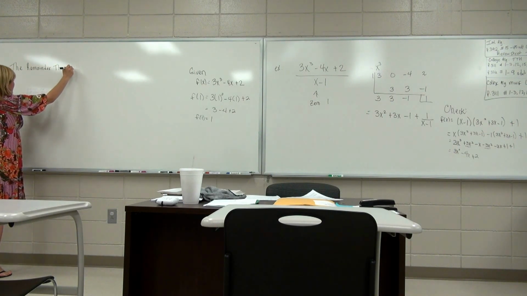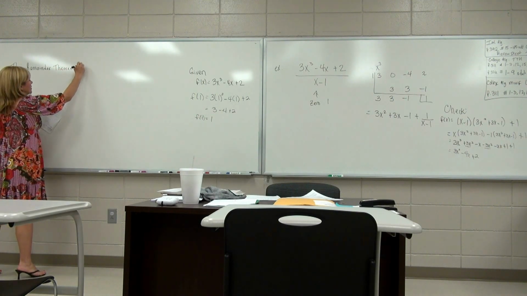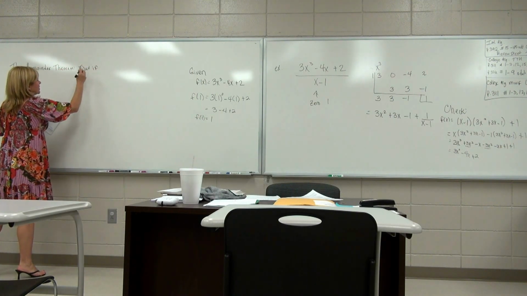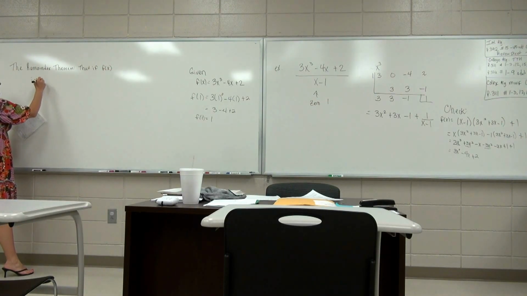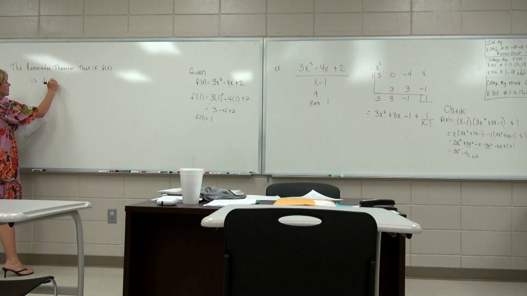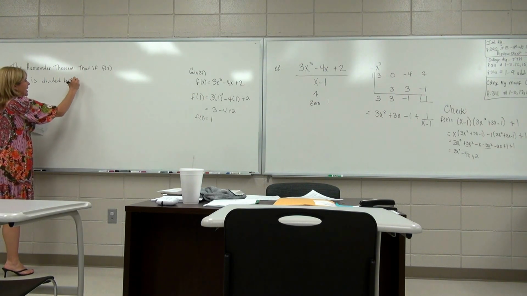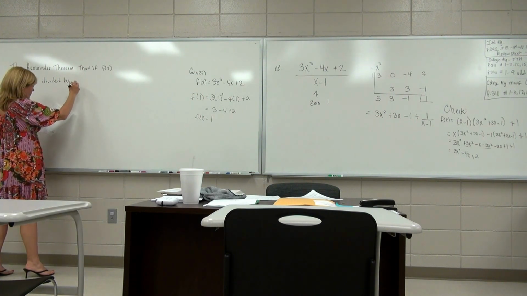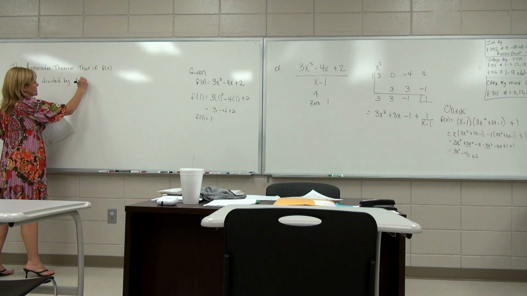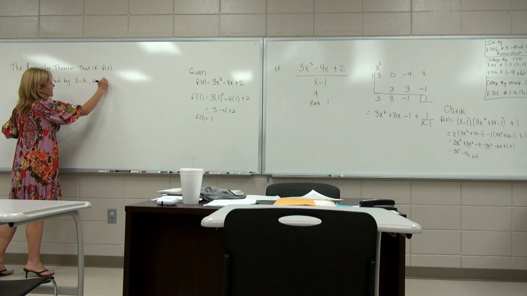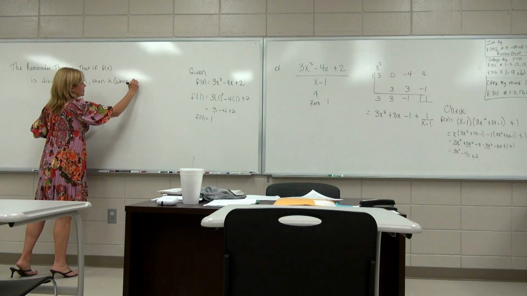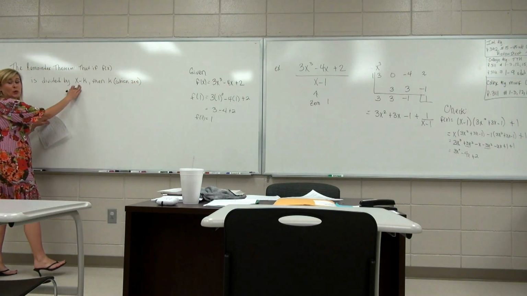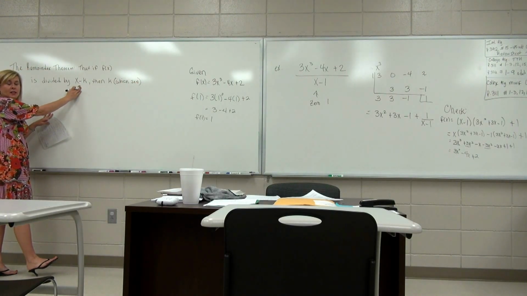And the remainder theorem tells you that if f of x is divided by, say, x minus k, then k, which is the 0, when you put that k in here, that would be what would make that 0.